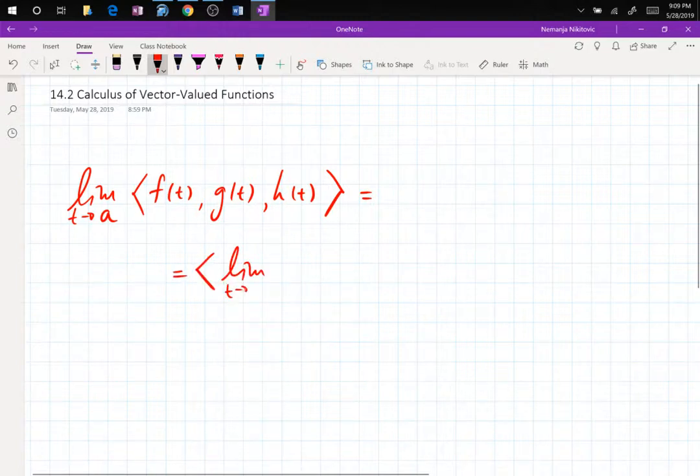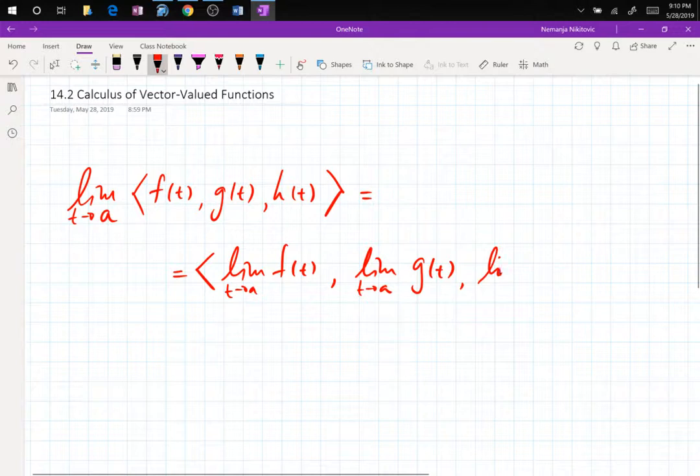Whatever answer you get for each one of these will go in here. So you just do it component-wise.